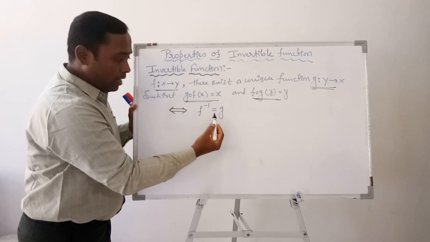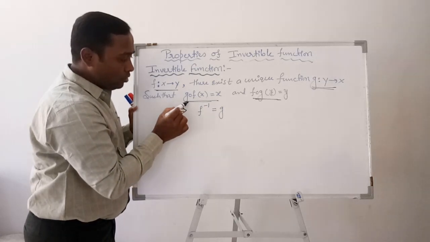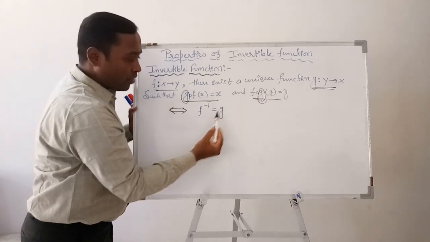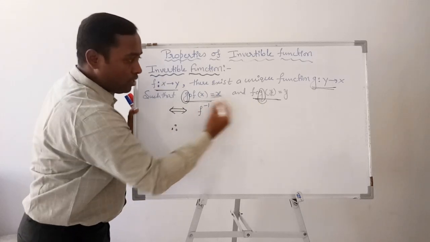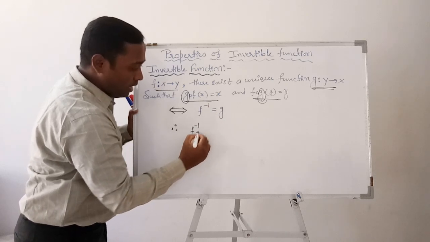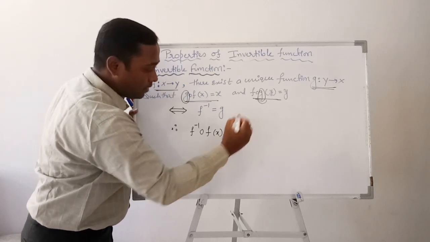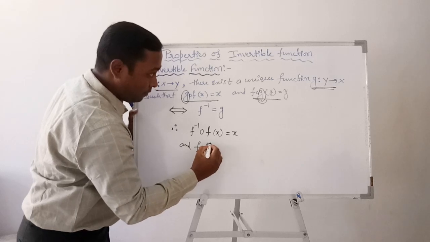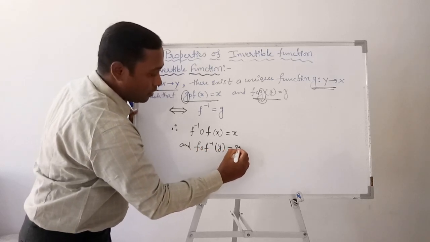If g is the inverse of f, then in these two conditions I can replace g with f inverse. So I can state the same conditions in terms of f inverse: f inverse circle f of x is x, and f circle f inverse of y is y.